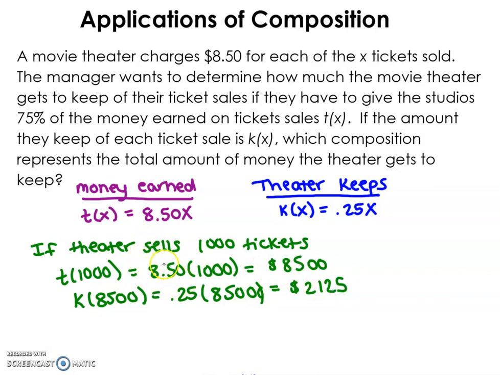So first we have to figure out how much money is earned, and then we have to figure out how much the theater can keep based off of that. So that means that we're going to have K of T of X, because we care about how much money is earned first, and then the theater can keep a percentage of that. So K of T of X is the composite function that we would be using.